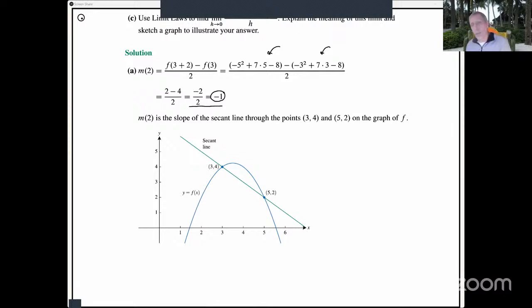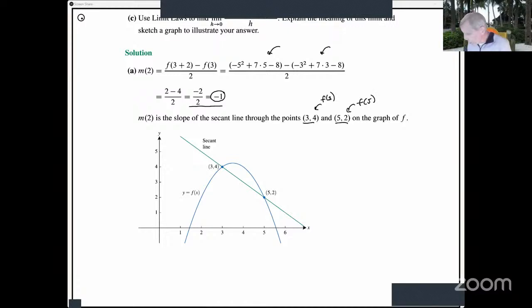m of 2, remember, this difference quotient, represents the slope of the secant line through these 2 points. Where did they come from? Well, the starting value is 3. Where does 4 come from? Well, that's f of 3. f of 3 plus 2 was 5, and that's f of 5.